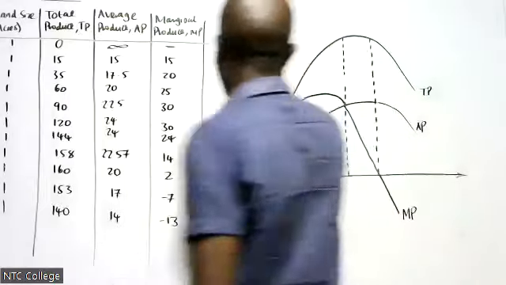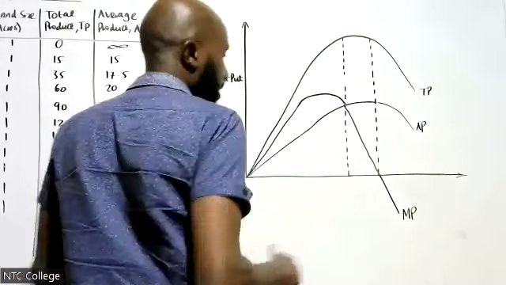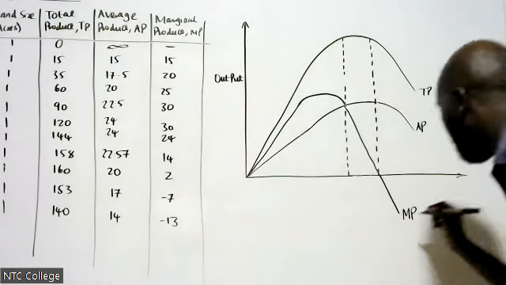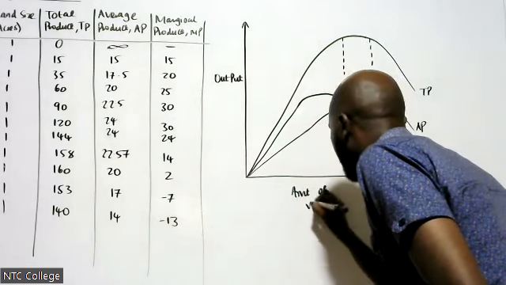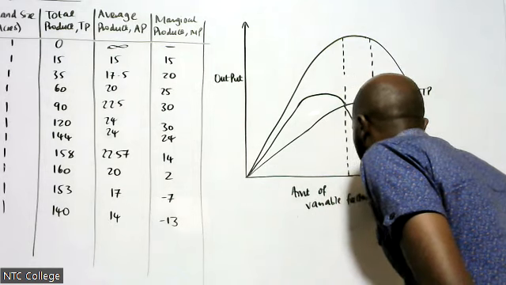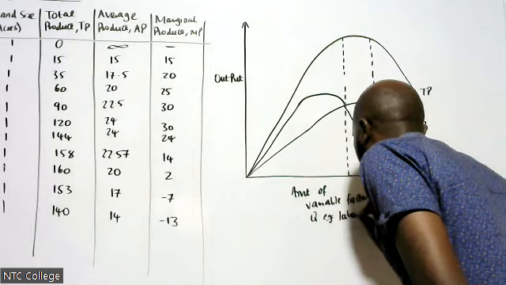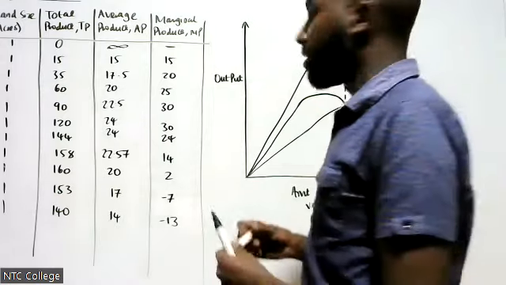Remember, this is output, the y-axis is output against the units of the variable factor, so the amount of variable factor Q. A good example is labor.